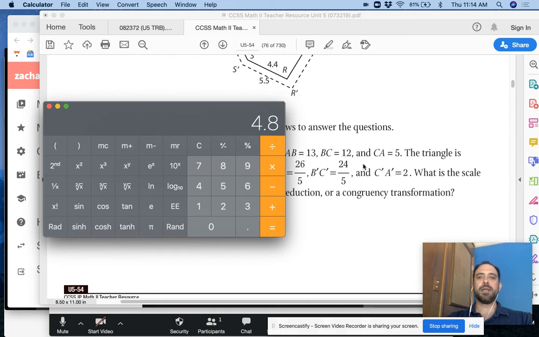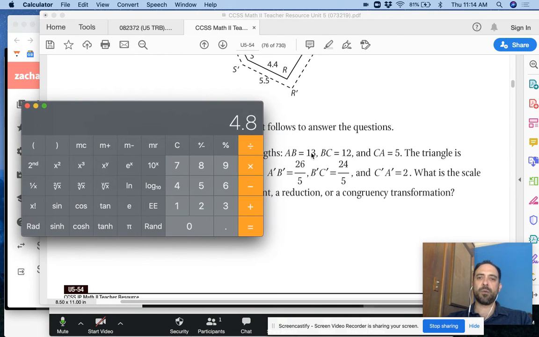4.8. It's going to be the same process as up here. Basically, you're just saying, okay, here's my pre-image, 13. What do I multiply? So 13 times x to get our image, 26 over 5, which again is 5.2.